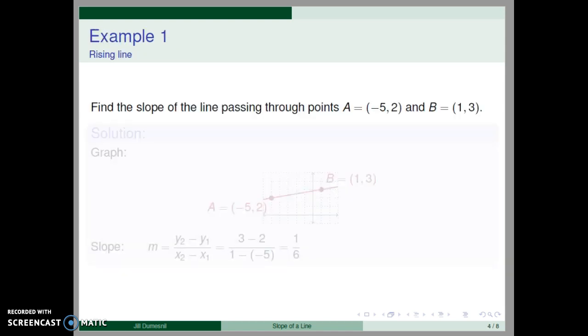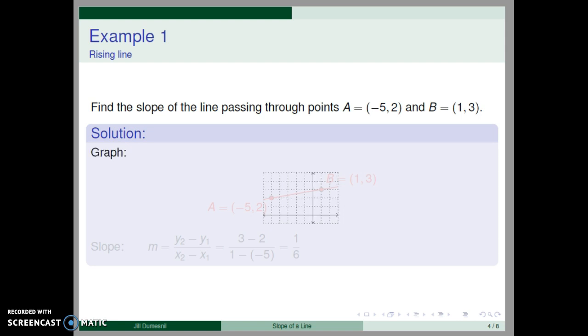We will consider 4 different examples. First, we will consider a rising line. Find the slope of the line passing through the point A with coordinates -5, 2, and B with coordinates 1, 3. For my solution, I like to start by graphing the points.